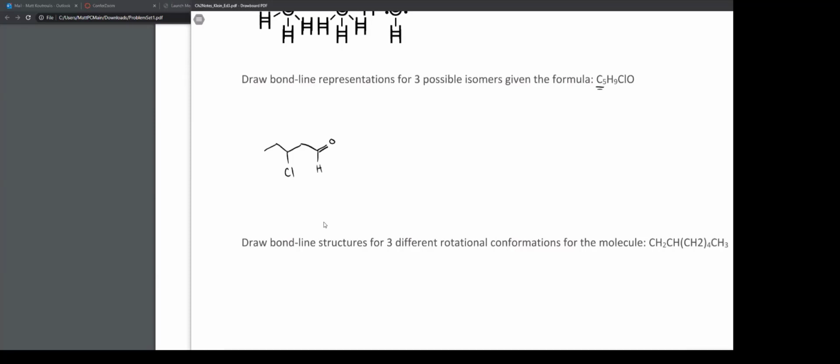How could I easily change this? What would be one easy way to change this with the least amount of effort possible? Flip the Cl and the O. Put the Cl just anywhere else, right? So like, how about here? That would be one, right?